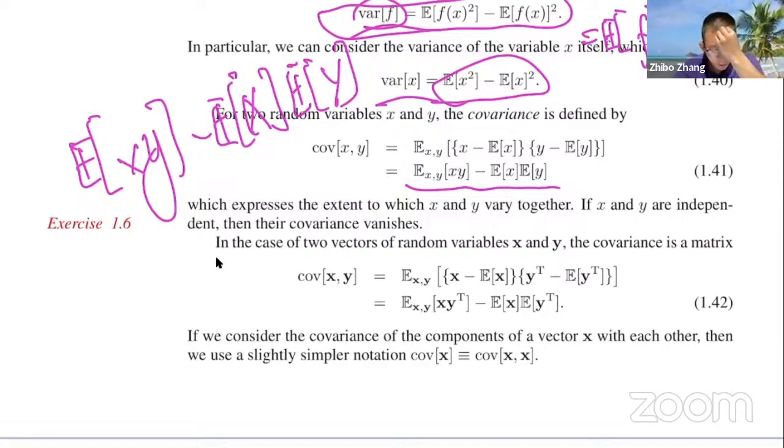Why is it the case that the covariance vanishes?